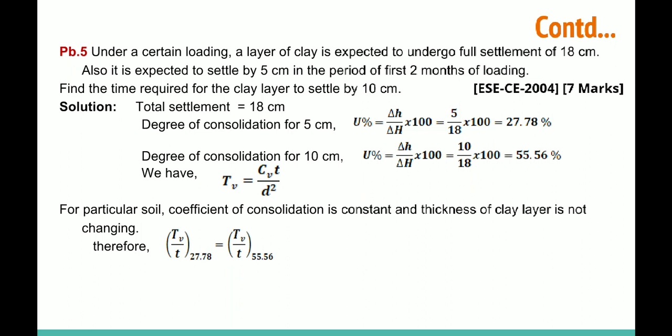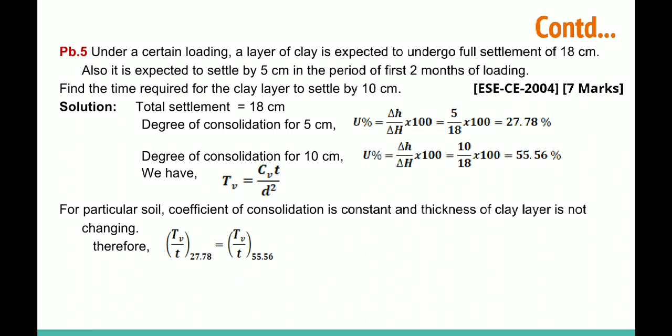Okay, so from both equations we can calculate the Tv value. For the first case, for 5 centimeter settlement, time required is 2 months. So we can calculate the time required for 55.56 degree of consolidation. Are you getting my point?